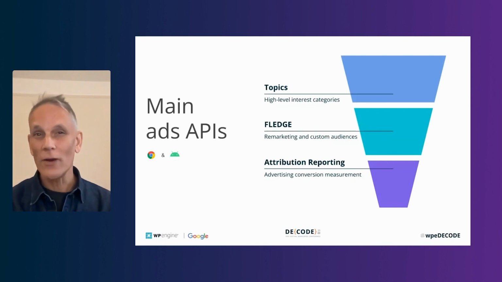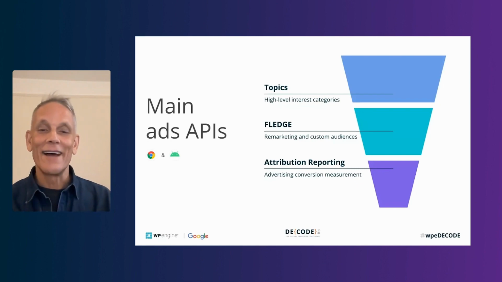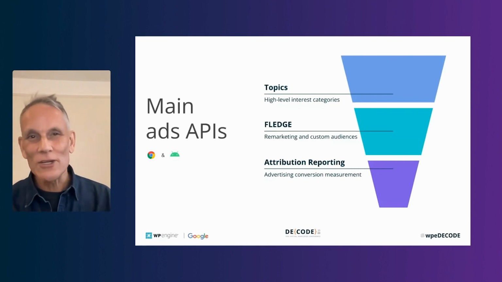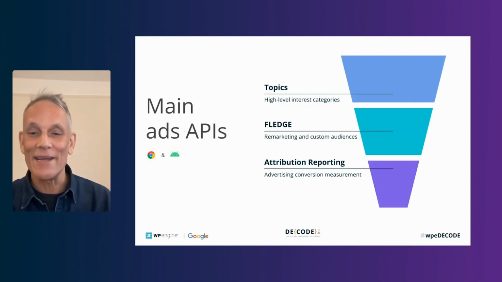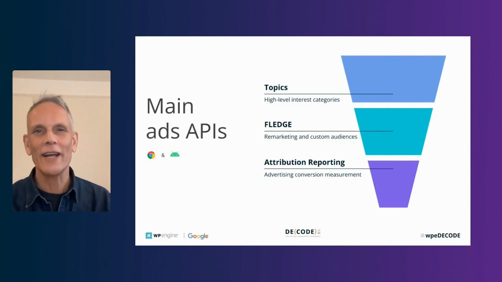If you are working with ad tech platforms, you need to make sure you understand those platforms' plans to address these use cases, and the use cases that are being met by these APIs for this future without third-party cookies or other tracking mechanisms.